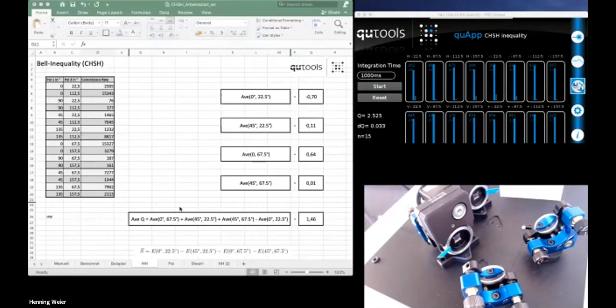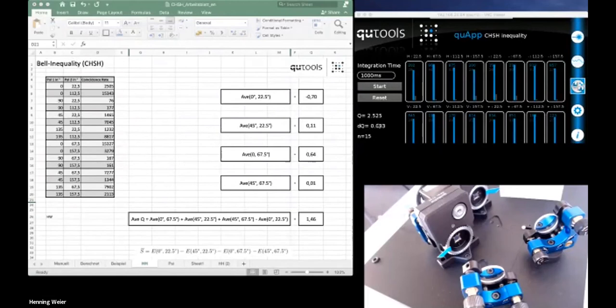Before it was 2.6 something, now it's 2.5 something, so there seems to be a little bit of statistical fluctuation, and this is actually what the next value shows. This is like the margin of error that Professor Raymer has already talked about, and he will explain in a little more detail later what this means.